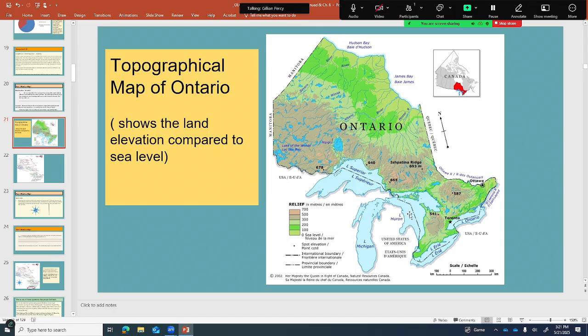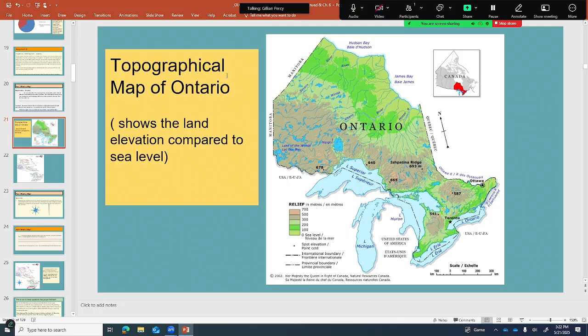So sea level would be like these blue lakes here, and the parts that are light green are the lowest, right, between 0 to 100 meters, and then there's a brighter green that's 100 to 200, and then there's a kind of a dirty green, I don't know, with 200 to 300. Brown is 300 to 500, and then the kind of pinkish brown, those are the tallest parts that are close to 700 meters tall.